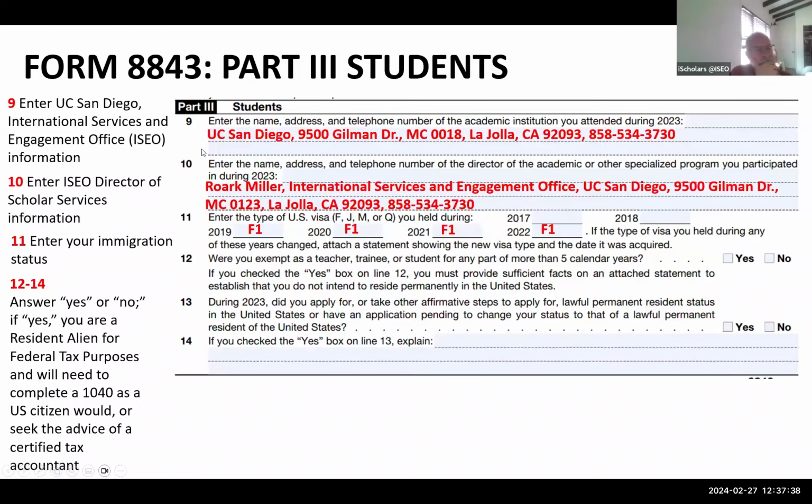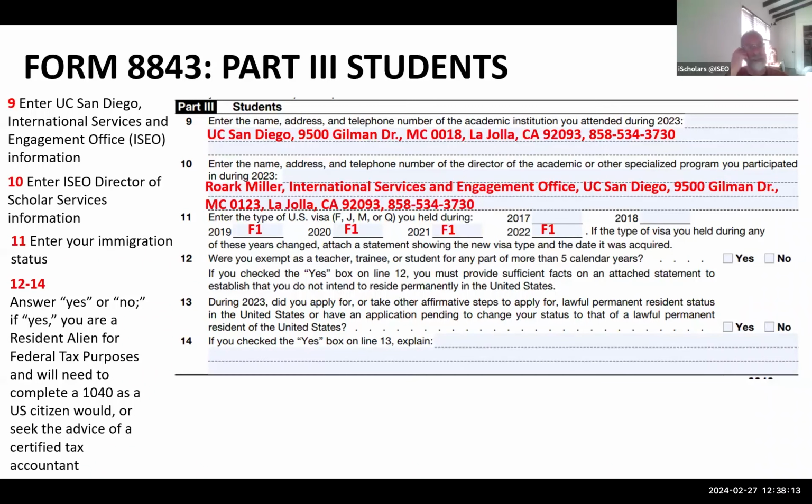Okay, next question. If I'm an F1 student with an on-campus job, do I need to fill out taxes, specifically the 8843 form? If you're an F1 student, you first need to identify whether you are a resident alien or a non-resident alien for federal tax purposes. If you are a non-resident alien, then you will need to fill out the 8843 form, and you will also need to fill out the 1040-NR because you earned income in the United States from a US source.